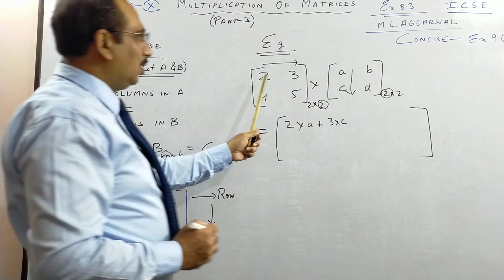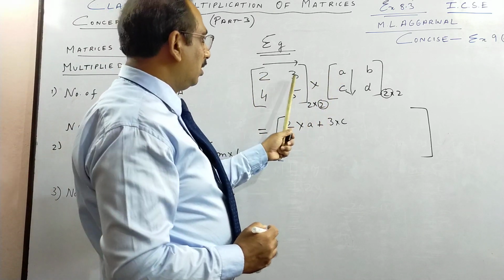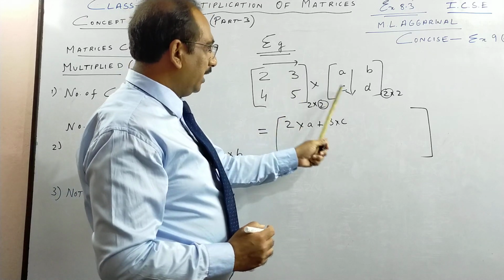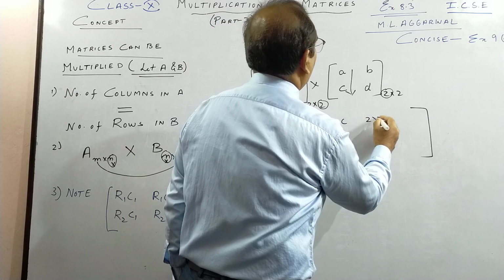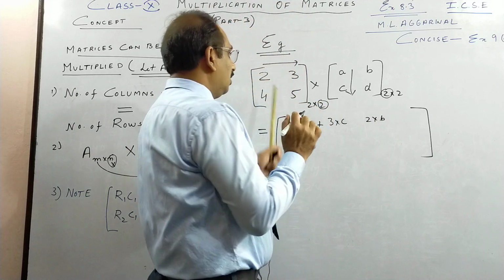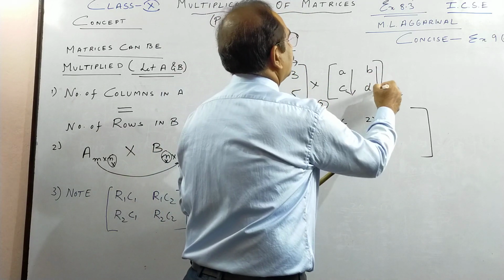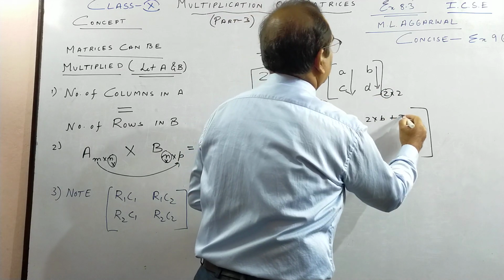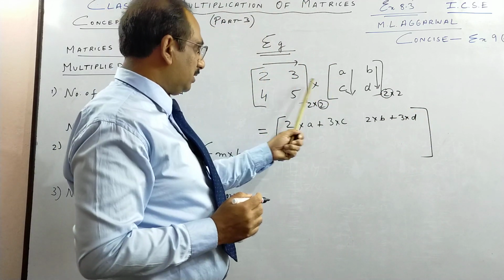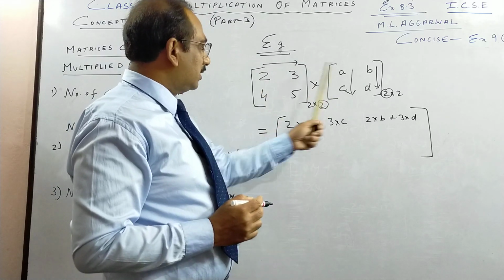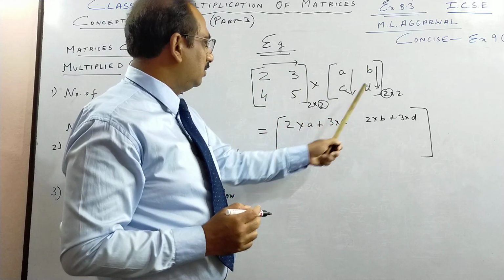R1 C1: 2 into A plus 3 into C. Second, first row, second column: 2 into B plus 3 into D. This into this plus this into this, here this into this plus this into this.